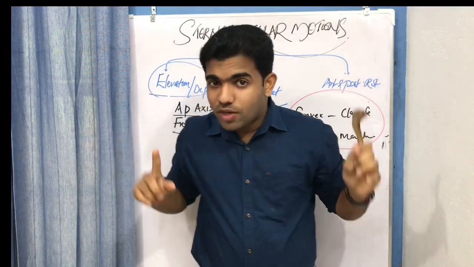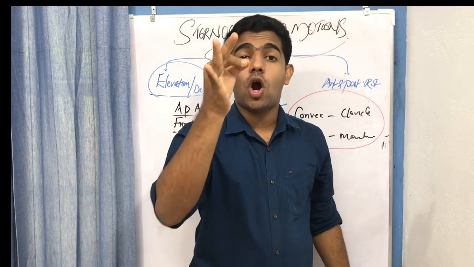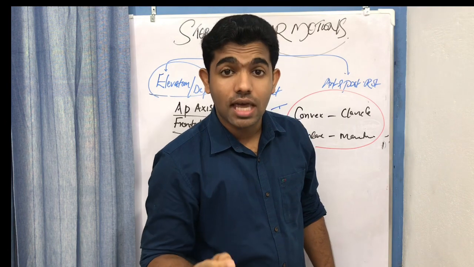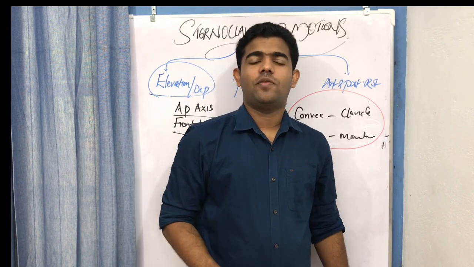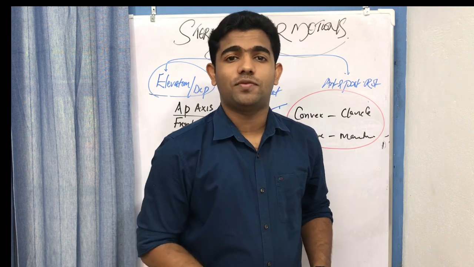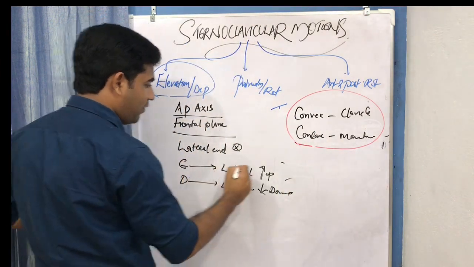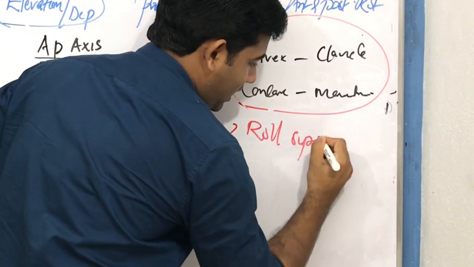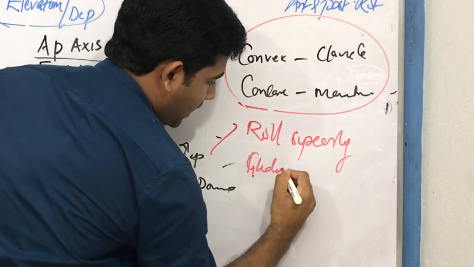So elevation of the clavicle is characterized by rolling of the clavicle superiorly with the lateral end of the clavicle, and inferior glide of the medial articular surface of the clavicle. So this you should remember. That means in elevation, it rolls superiorly and glides inferiorly.